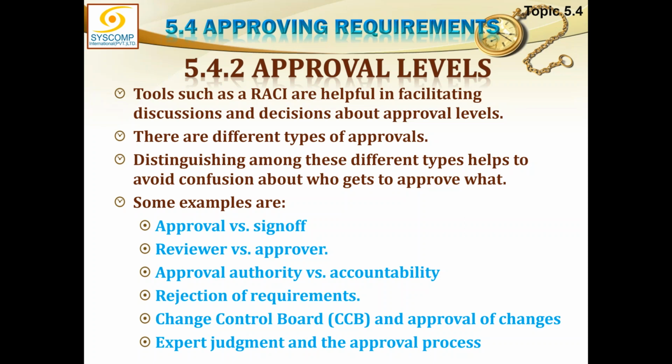Distinguishing among these different types helps to avoid confusion about who gets to approve what. For example, approval versus sign-off, reviewer versus approver, approval authority versus accountability, rejection of requirements, change control board and approval of changes, expert judgment and approval process. So these are some of the examples of the approval level.